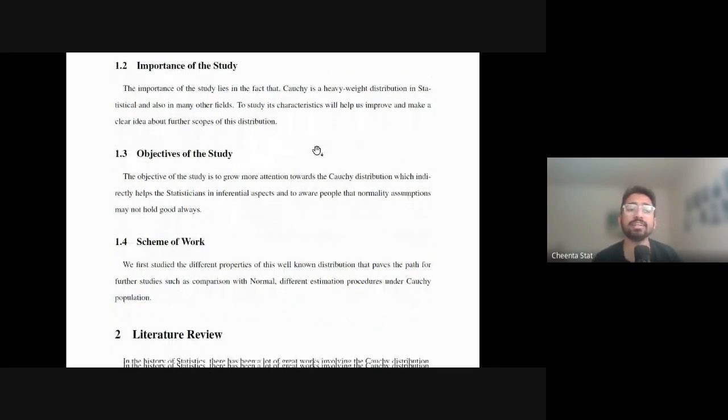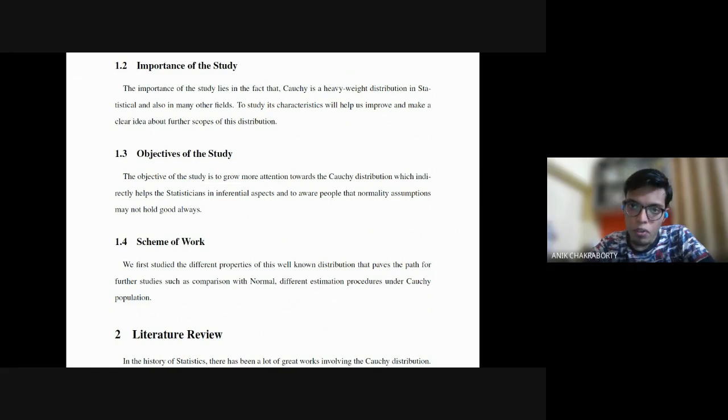Here is my interesting word: Cauchy is a heavyweight distribution in statistics. What do you mean by heavyweight? Can you explain mathematically a bit? I mean Cauchy is a really important distribution in statistics, and I also wrote it because it is one of very few extreme value distributions.